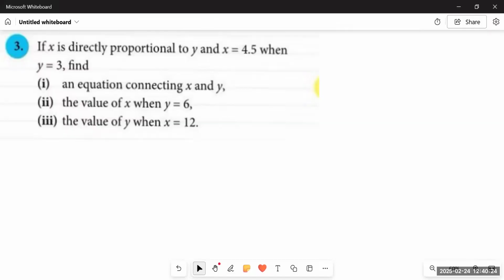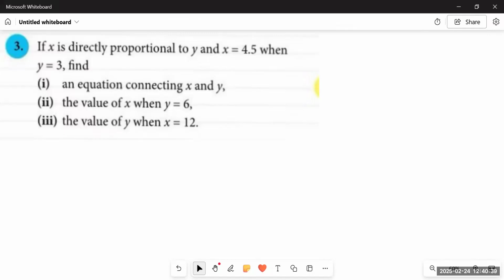In the next question, students, we are provided with a proportion: if x is directly proportional to y, and x is equal to 4.5 and y is equal to 3, we have to find an equation connecting x and y.